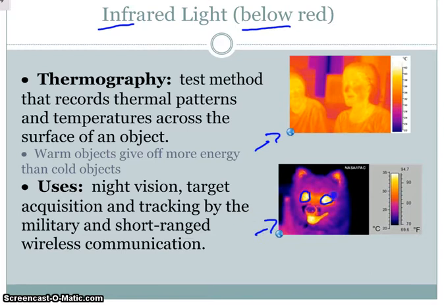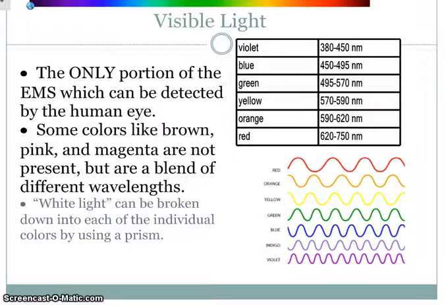In images like this, the eyes, or almost this entire image, the yellows and oranges, are producing more heat than the objects around them. And these can be useful with night vision, like we were saying, target acquisition, and all kinds of wireless communication.